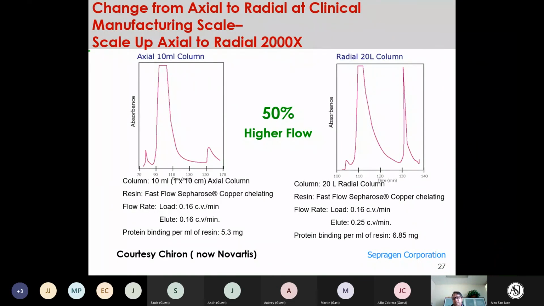This is a very interesting case, and I bring this up because this was a customer whose drug is now approved and has been approved for the last 10 years or so. But when we were first asked to look into this situation and help out, they were making this drug using metal chelating resin, where you have long wash times, and the separation time was going into a period of 2 shifts.